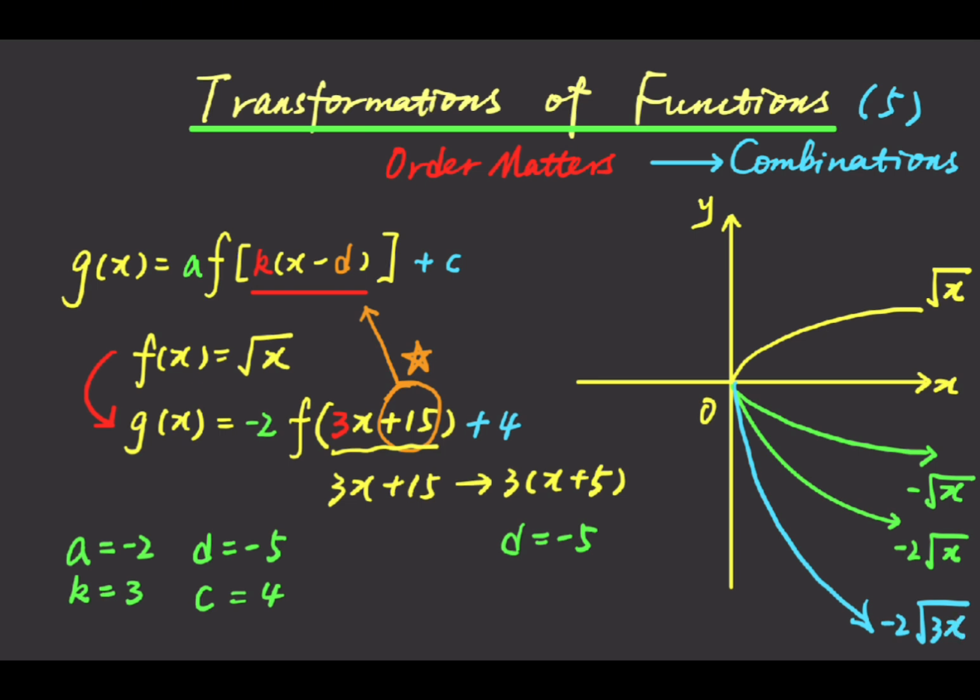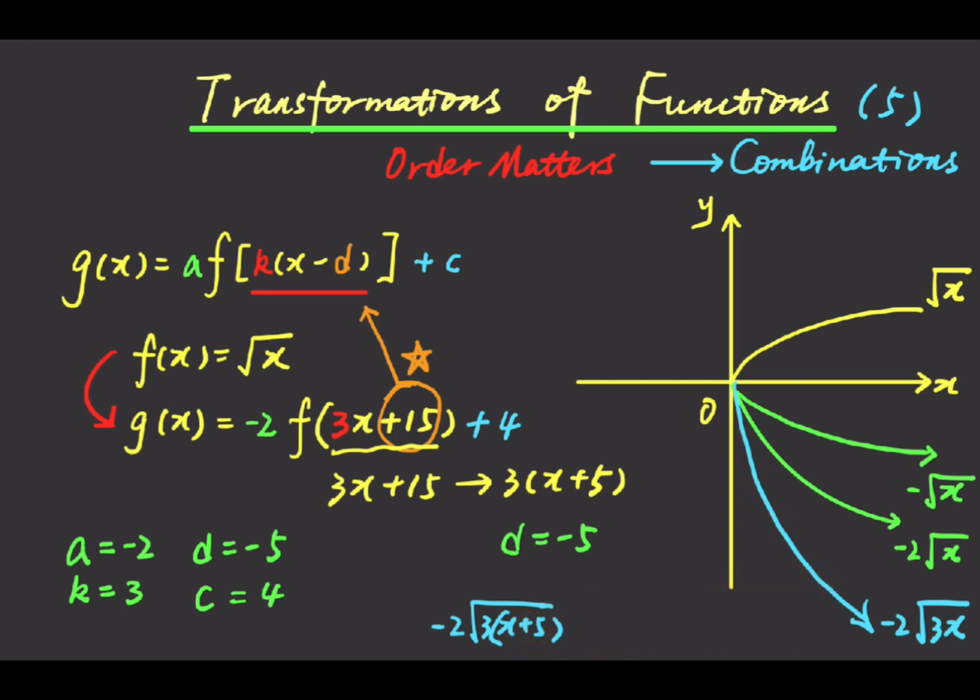Okay, on the basis of this function, we can figure out the following function, this one. That is to say, we need to move every point on this graph to the left side by 5 units.